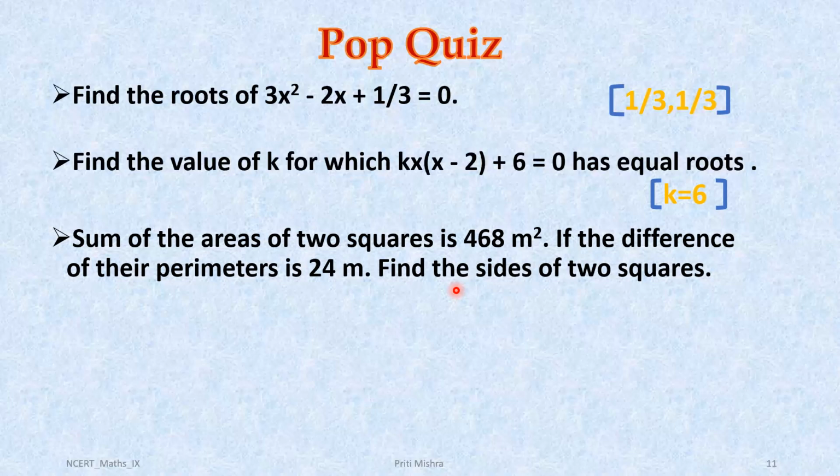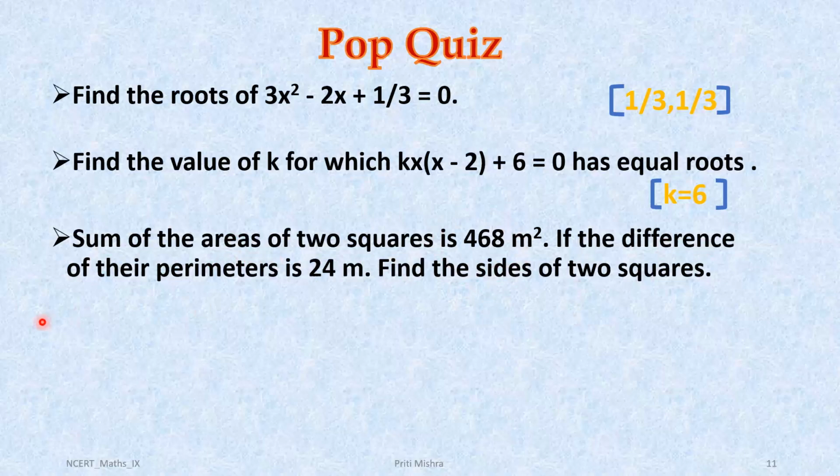If you suppose the sides of the two different squares are a and b, then your first equation will be a square plus b square, because they are saying sum of areas. So a square plus b square is equal to 468. I have given you one hint.